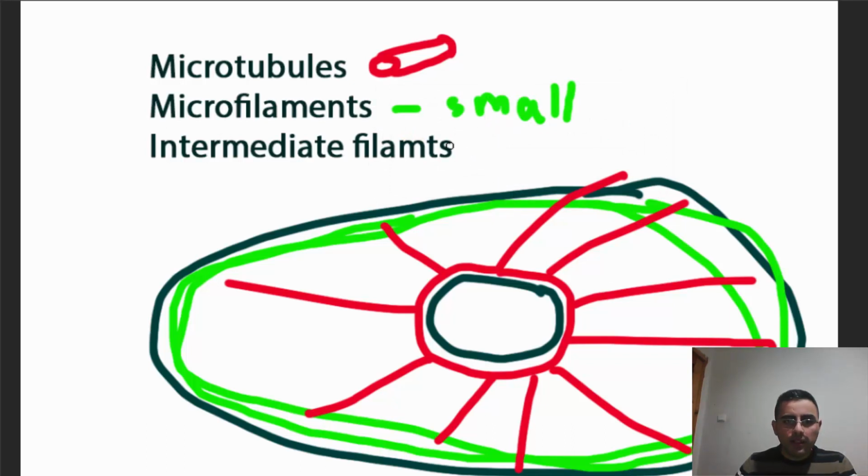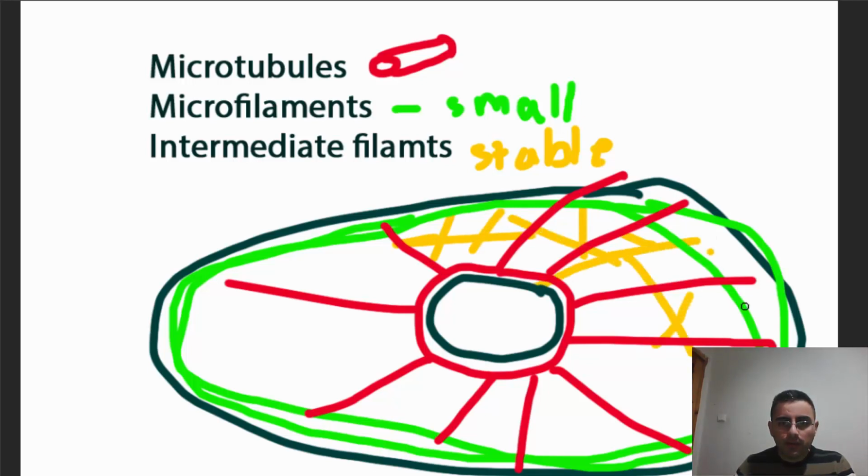And intermediate filaments. Intermediate filaments are more stable structures. Let's paint them yellow. Stable. And it's everywhere, a network everywhere in the cell.